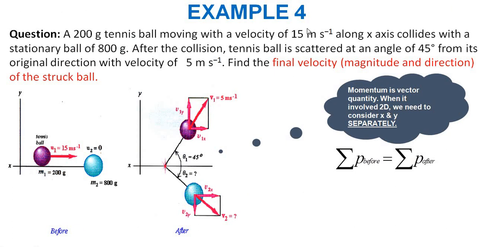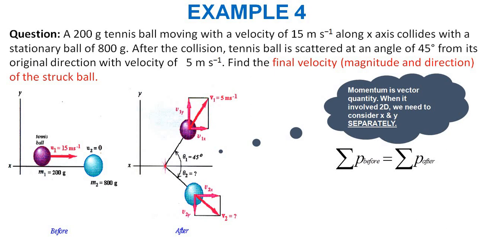Now, we proceed to the example. How do we apply this principle? Question: we have a 200 gram tennis ball moving with a velocity of 15 meters per second along the x-axis, colliding with a stationary ball of 800 gram. After the collision, the tennis ball is scattered at an angle of 45 degrees from its original direction with a velocity of 5 meters per second.